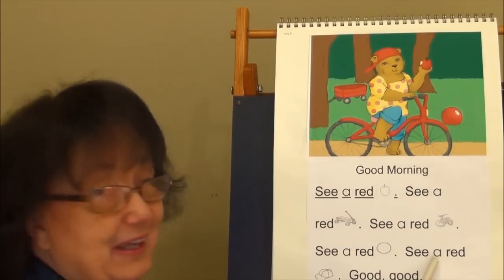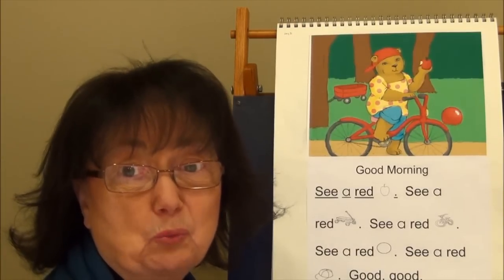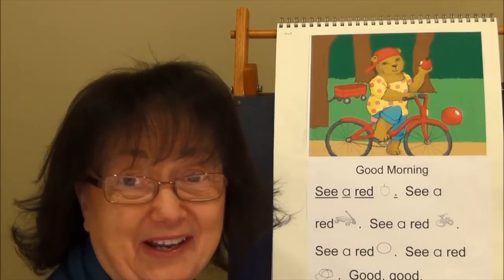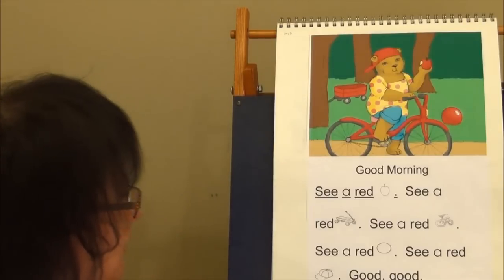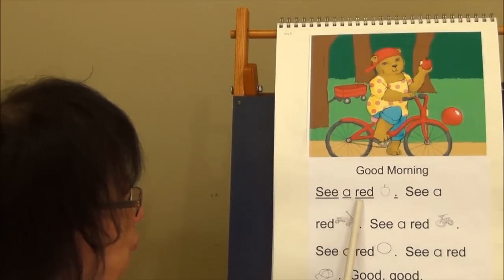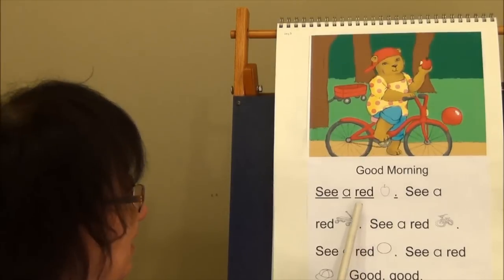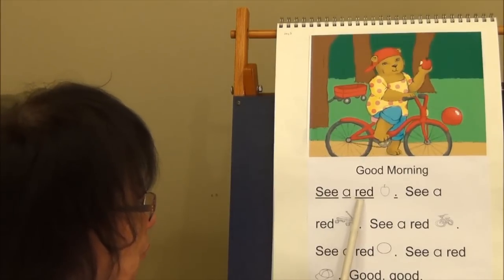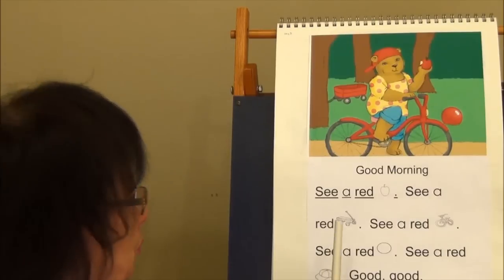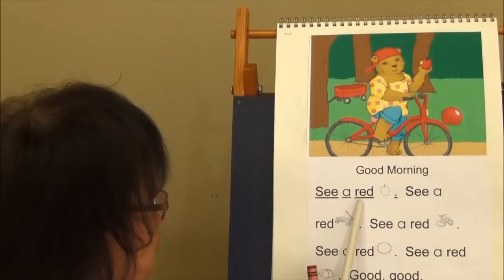When it's all by itself, it is the word A, right? Now the next word we see, and I already told you what that one is, that's the color word. And what is that color? Red, right? All right, that is red.